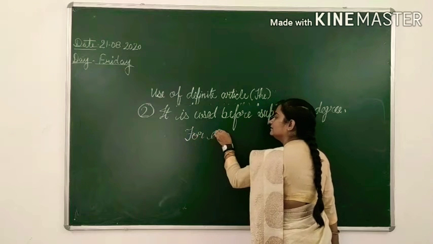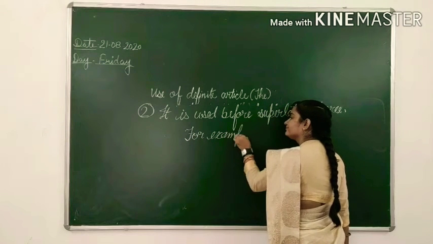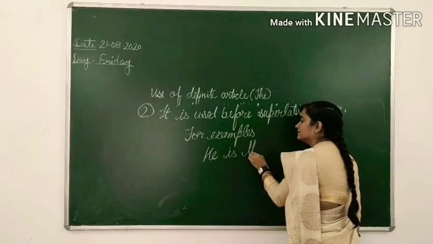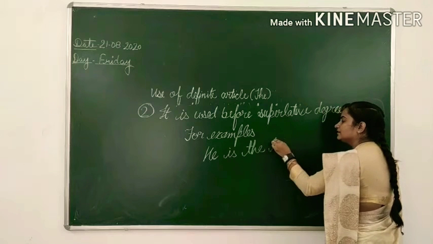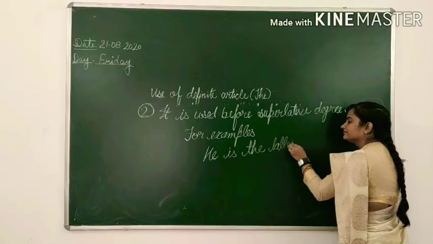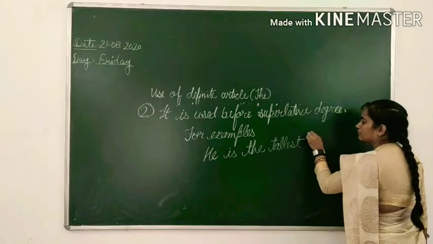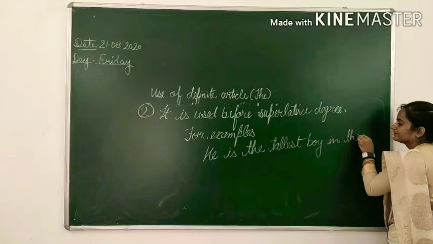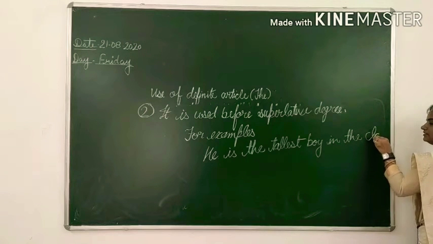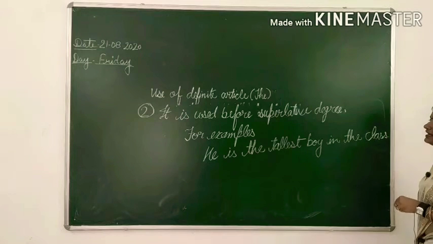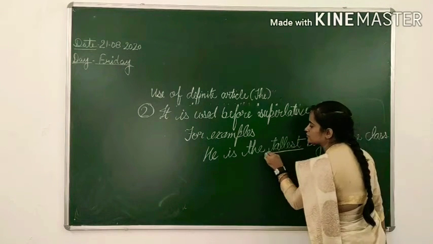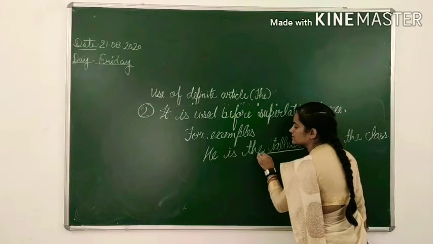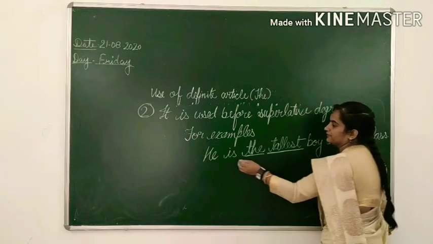For example, he is the tallest boy in the class. Here tallest is the superlative degree and the definite article the is used just before our superlative degree.